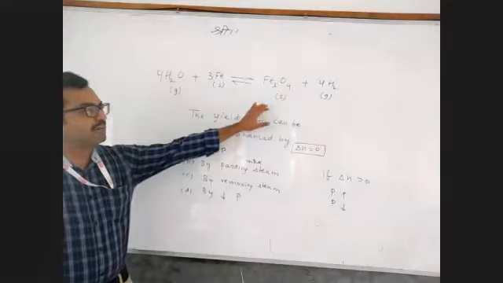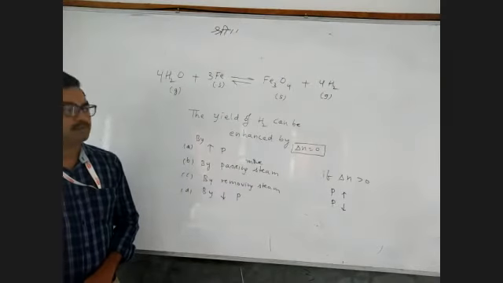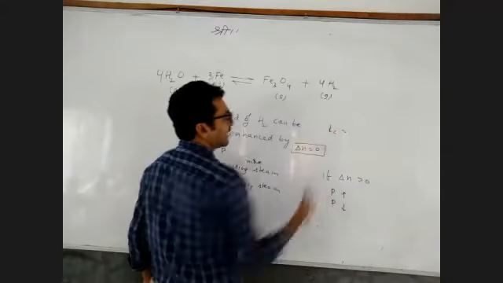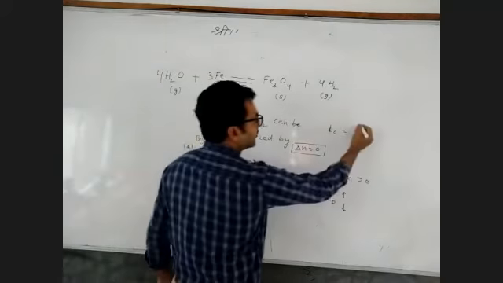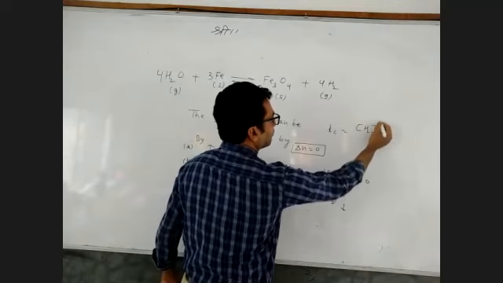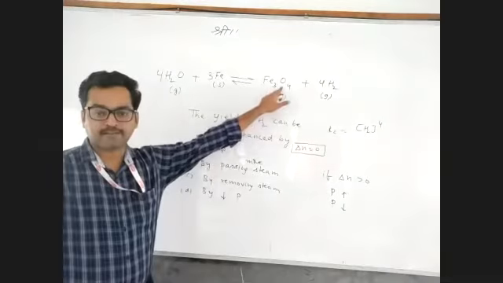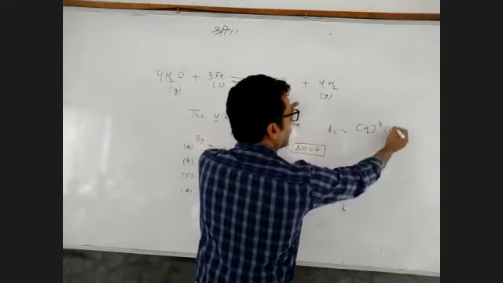Next, can you write the Kc for this reaction? What will be the expression for Kc? H2 power 4, correct. And iron won't be there because it is solid, concentration unit 1.